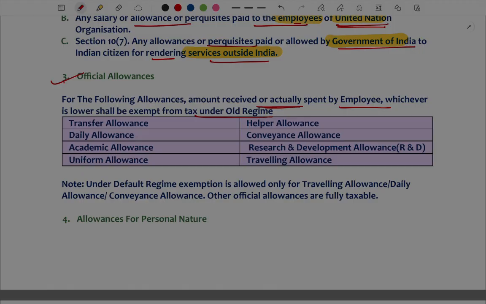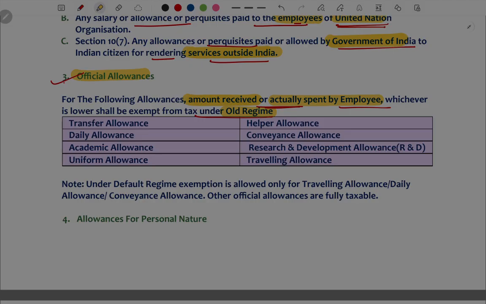And the amount of the exemption would be the amount received or the amount the employee has actually spent, whichever is lower. That would be your official allowance.